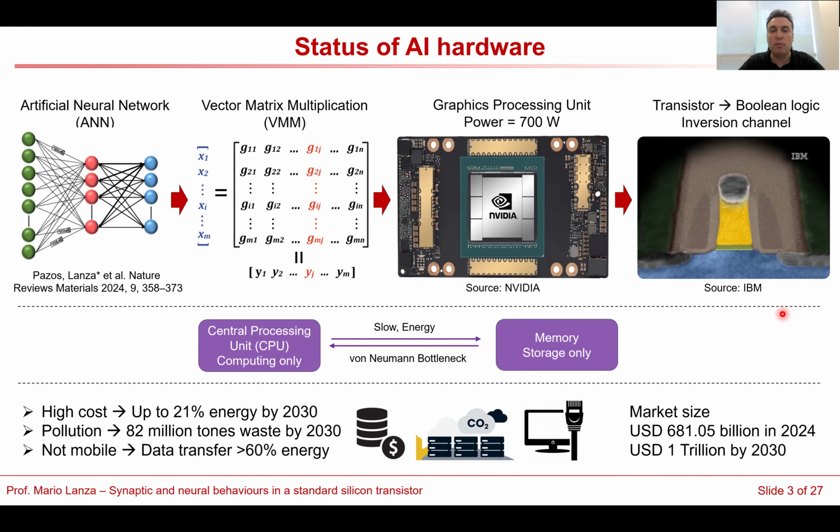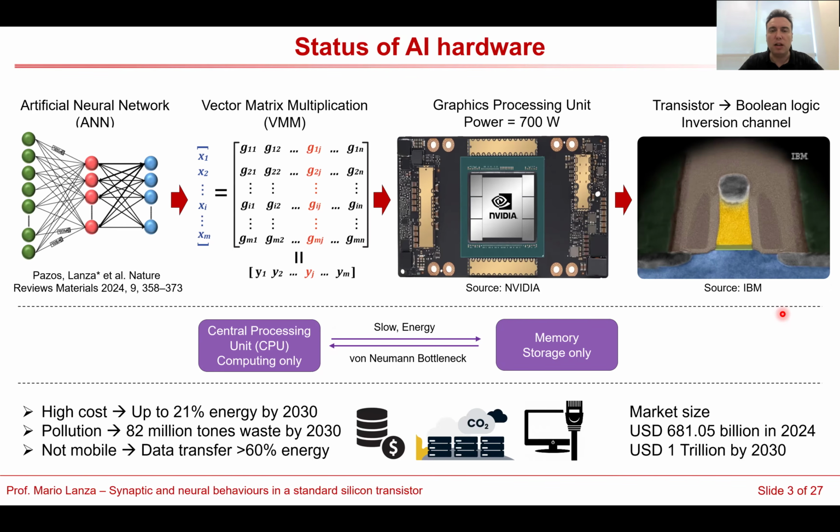So every day we are using more and more artificial intelligence, and all this intelligence is based on the deployment of artificial neural networks. In these networks, we need to perform a lot of mathematical operations to do the calculations. One of them, as you can see here, is the vector matrix multiplication, but there are many others.